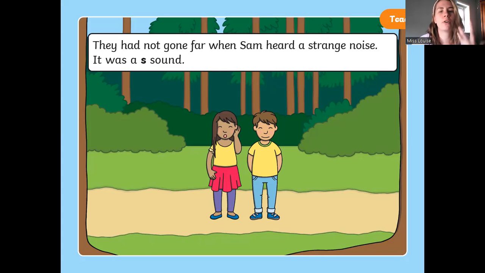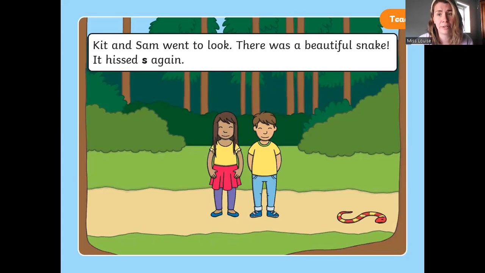Okay, so you're encouraging the child to really listen, focus as well, because they're only young. They want to be as interested as possible. Kit and Sam went to look. There was a beautiful snake. It hissed again. So notice how I'm using the action, the sound, and we've got the picture of the snake in the story.